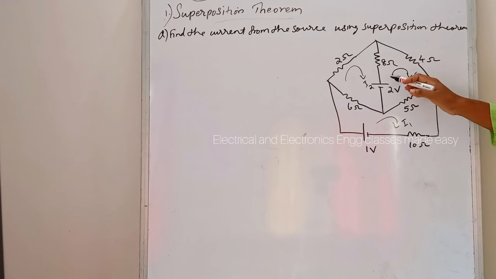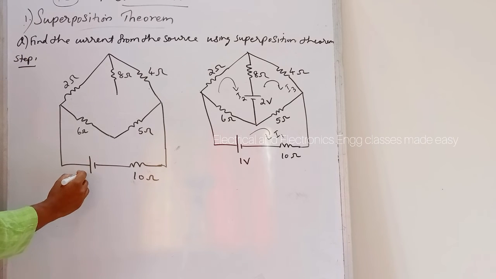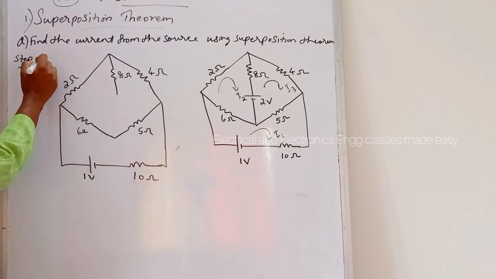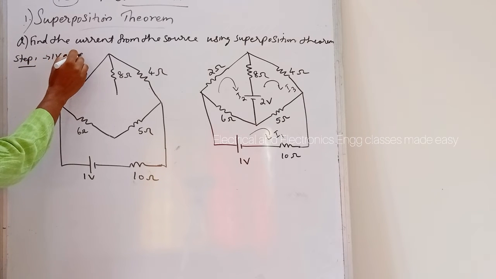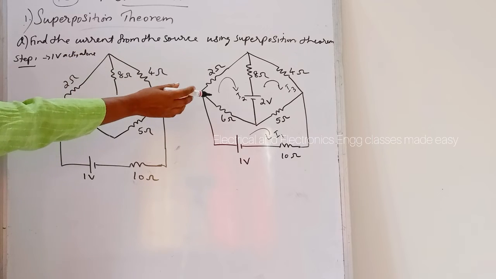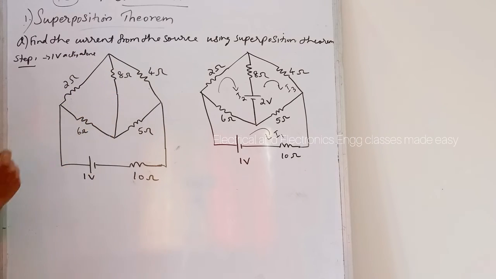Then again do the same procedure for the other source. So step 1 is consider this 1 volt voltage source acting alone. Then the other voltage source, that is 2 volt, we have to short circuit here.